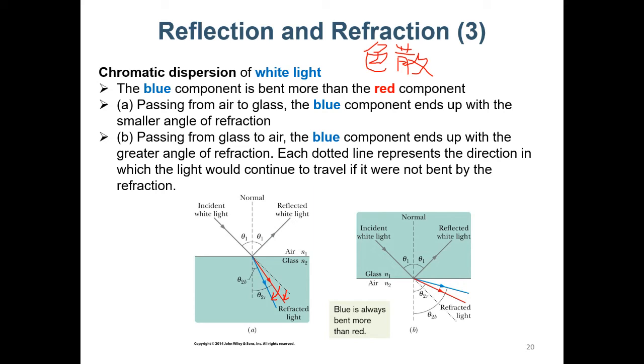So the blue component ends up with a smaller angle of refraction, and the red light has a larger angle of refraction. But in terms of change of direction, the red light becomes smaller.